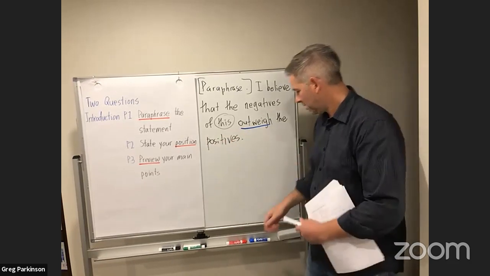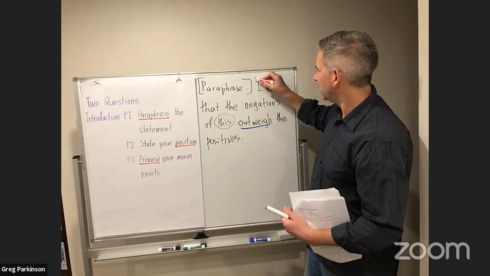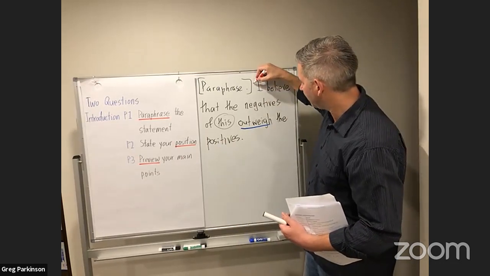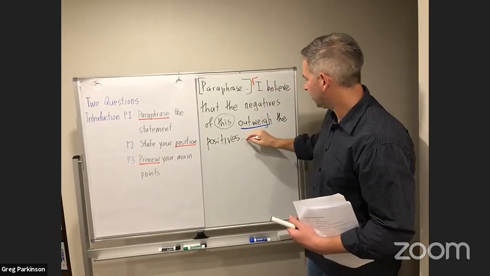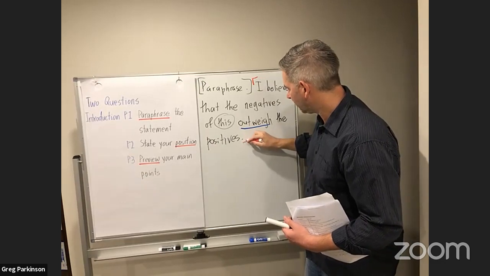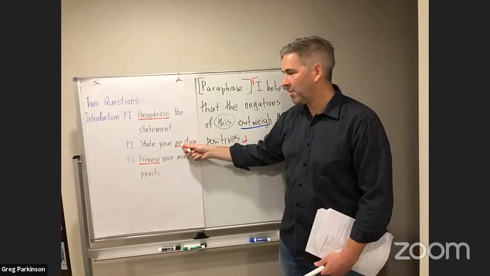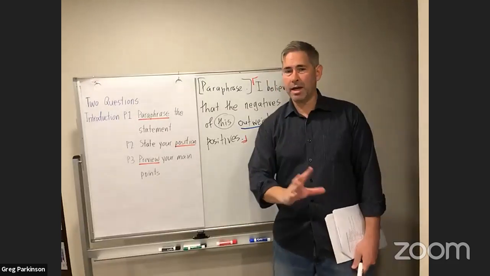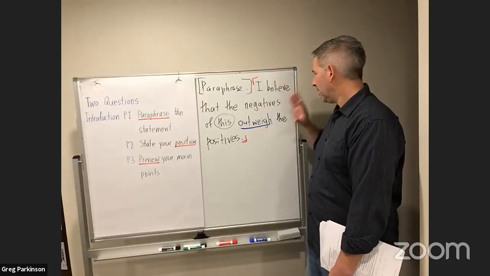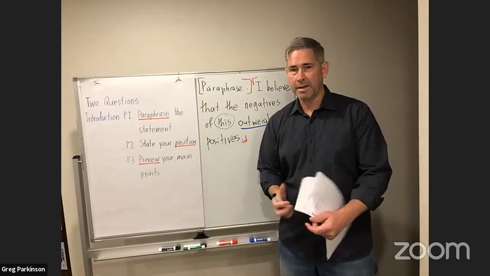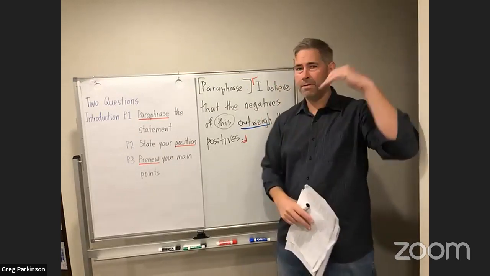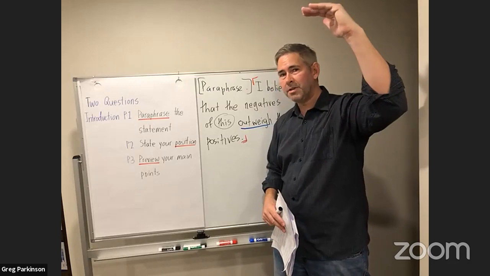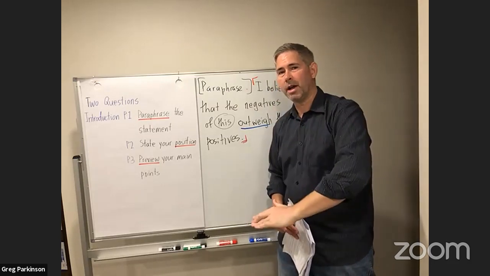That is my position right here. Right, so here is my position very clearly, right from the beginning of my essay in the introduction. I'm telling the examiner that I believe the disadvantages of renting outweigh the advantages.